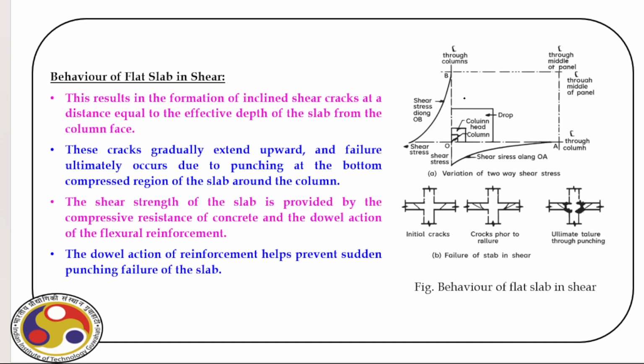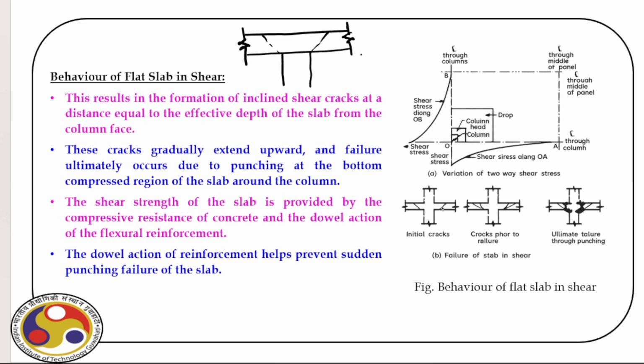But before that, let us again also consider the shear in flat slab. This is again critical, because when we have a slab directly over a column, there is a sharp change in geometry. Obviously, there is a possibility of shear failure, as you can see here.